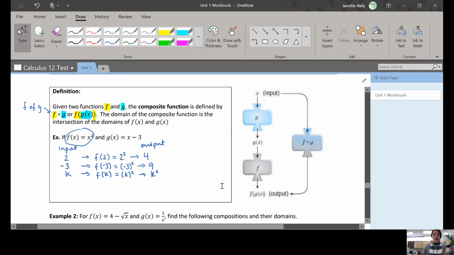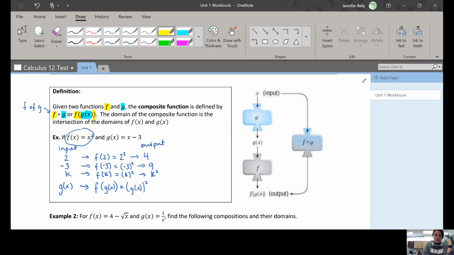So instead of inputting a symbol or a number, you can also input a function into another function. Let's try inputting g of x into the function f of x. Instead of having 2, -3, or k as our input, we're going to have this function g of x. Just like we squared 2, -3, and k, instead we're going to square g of x.